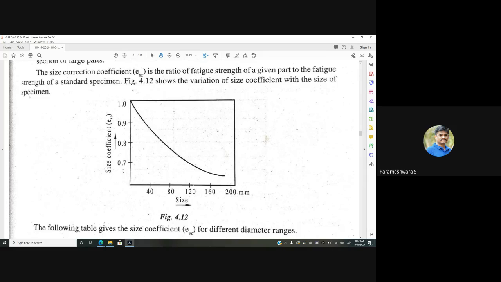Suppose it is 80 mm, its value is near 0.8. If it is 40 mm, the size correction coefficient is almost 0.9. So you should choose the value based on the size of the specimen, and incorporate this size correction coefficient in solving the problem.